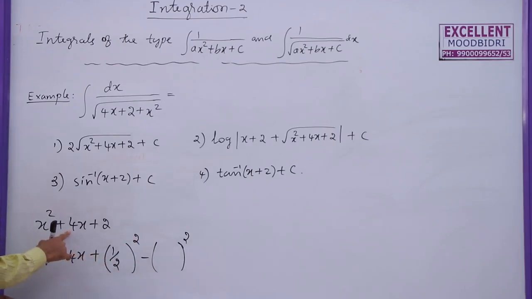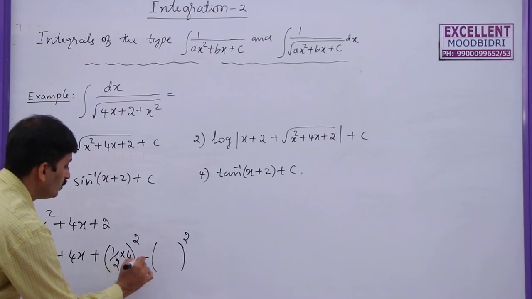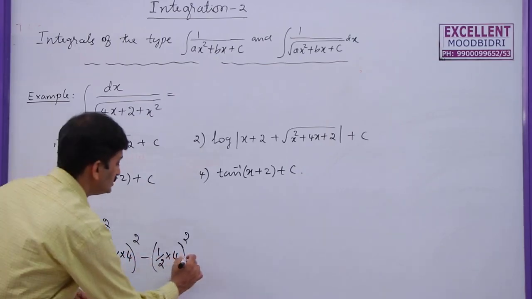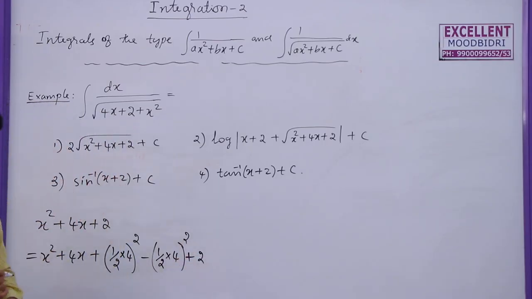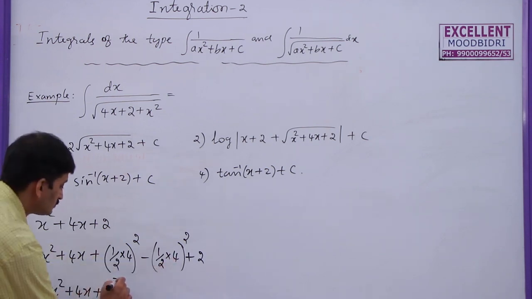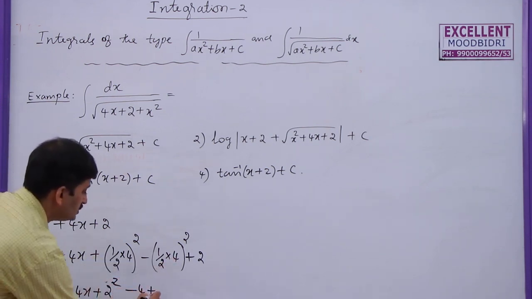The coefficient of x is 4 here. So half into 4, half into 4, and write this plus 2 as it is. Correct? Okay. Now this is equal to x square plus 4x plus 2 square, and here this is minus 4 plus 2.